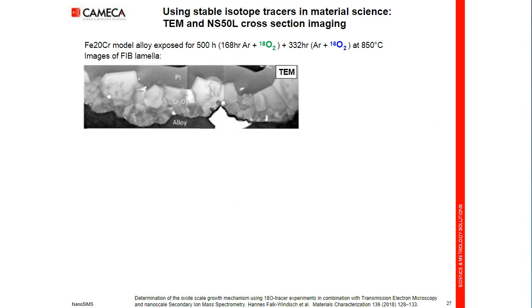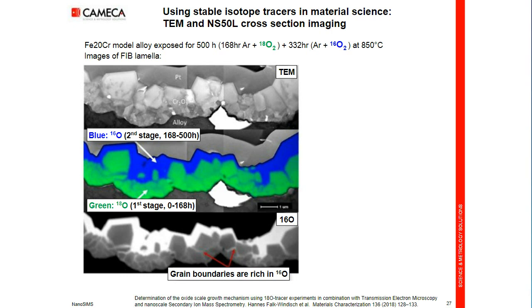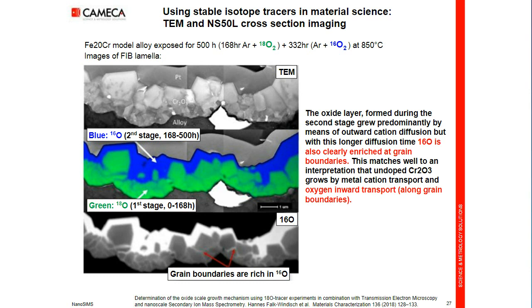For the second sample, oxidized for a longer time, 500 hours, we see the TEM cross-section. And when we look at the oxygen-16, we see clearly a path of oxygen-16 along the grain boundaries. When we superimpose the oxygen-16 in blue and oxygen-18 in green, we clearly see the penetration of the oxygen along the grain boundary.